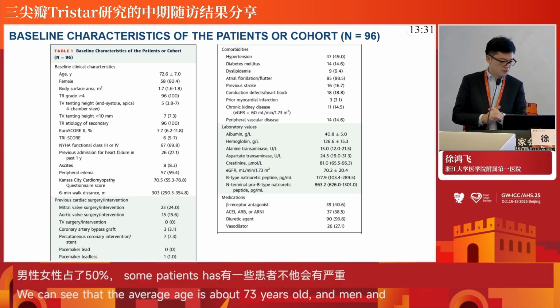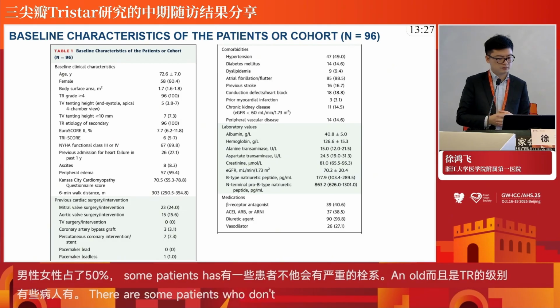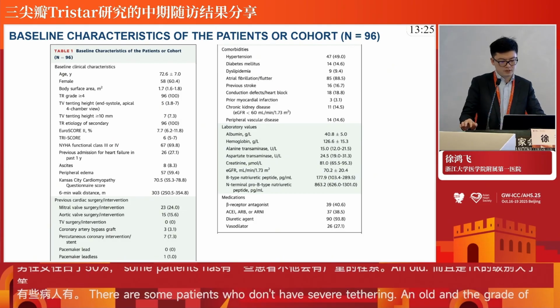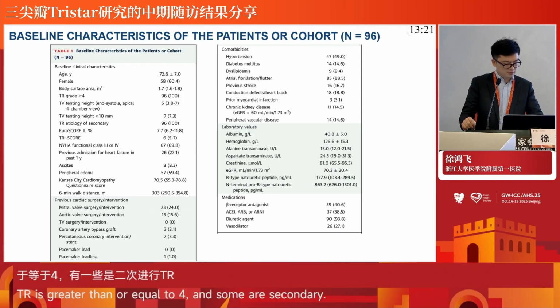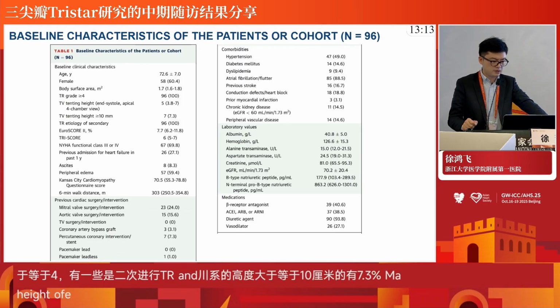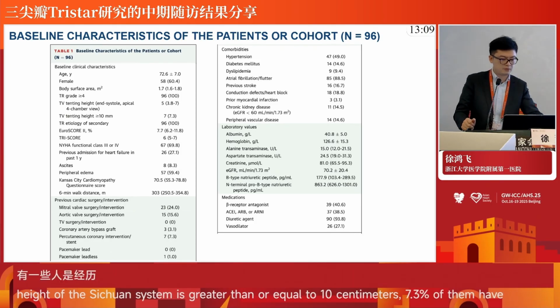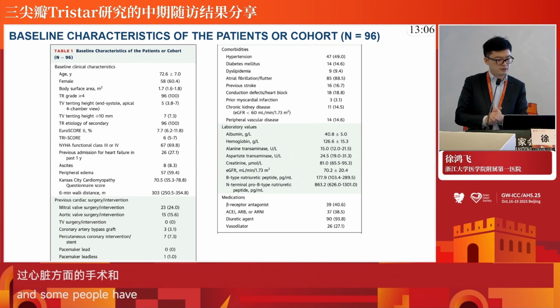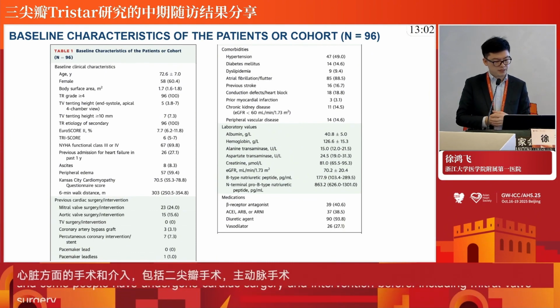All the patients had secondary TR with a mean EuroSCORE of 7.7 and TRI-SCORE of 6. Some of the patients had received previous cardiac surgery, including mitral valve surgery, aortic valve surgery, TV surgery, and some had received CABG before, and one patient had a leadless pacemaker.